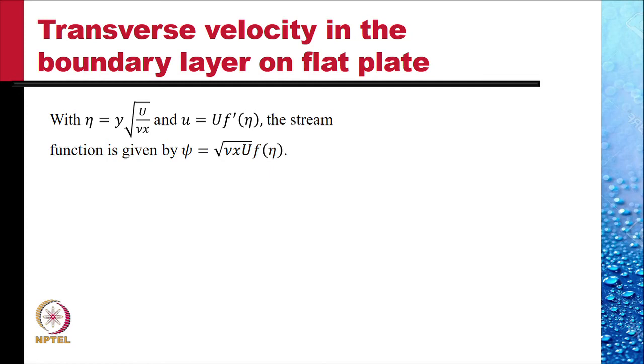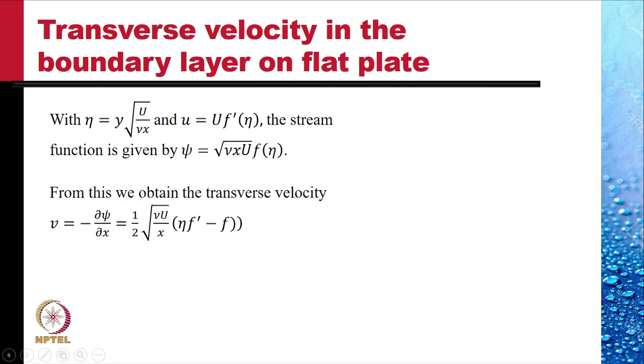The stream function is given by integration of u as psi equals square root of nu x U times f of eta. And once we know psi, we can find out the transverse velocity by taking its gradient along the x direction. V is equal to minus del psi by del x, and this is obtained as 1/2 square root of nu U by x times eta f prime minus f.